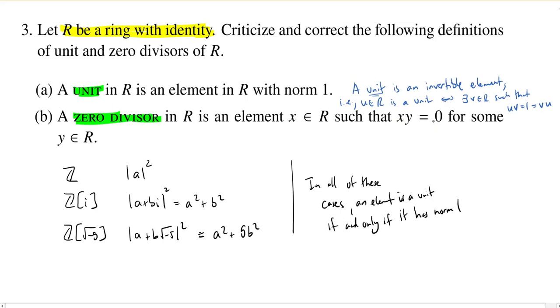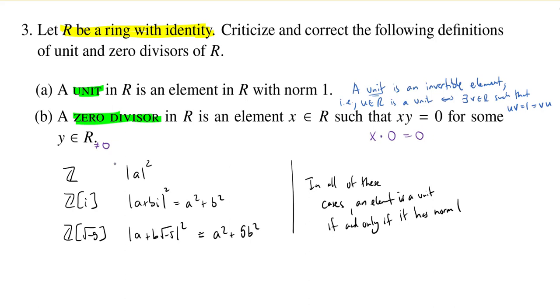And of course, we've proved before that if you multiply any element in the ring by 0 itself, then you get 0. So in order for this to be a reasonable definition of a zero divisor, we need to assume that the y you find is not equal to the 0 element.